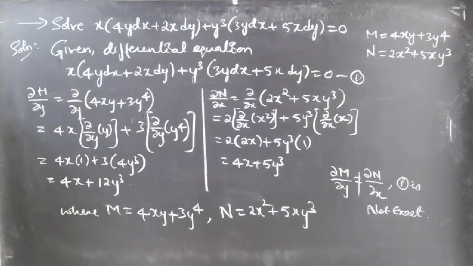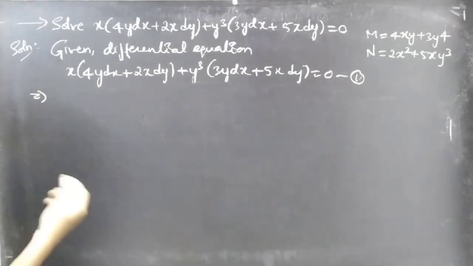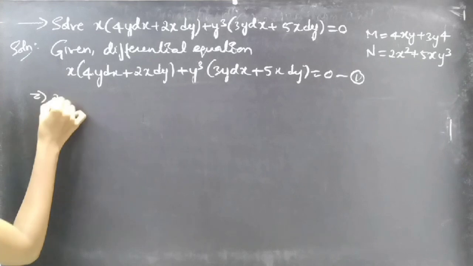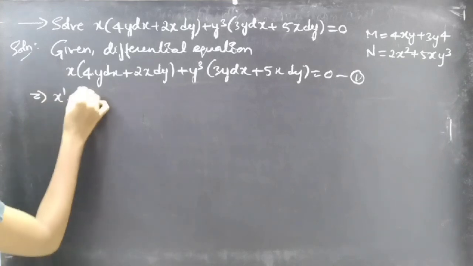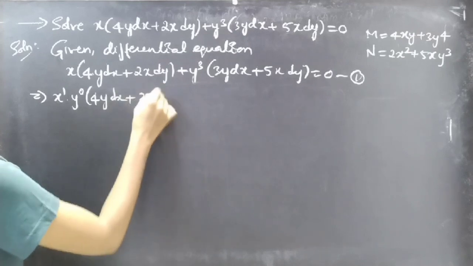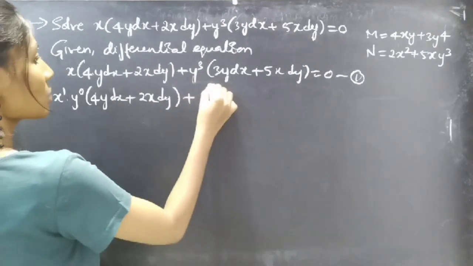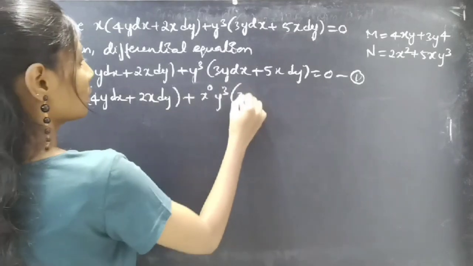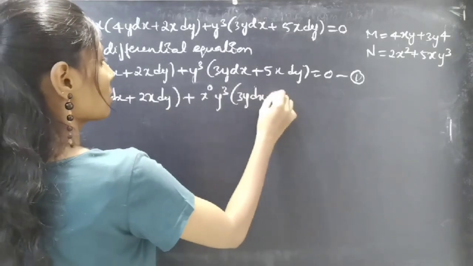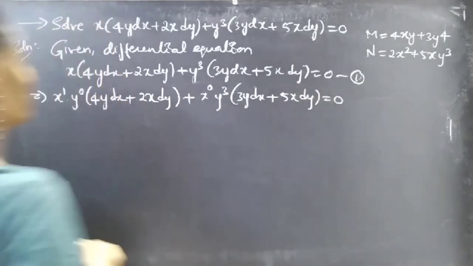Now coming to equation 1. As we discussed earlier, we can write x as x power 1 into y power 0 into (4y dx plus 2x dy) plus y cube can be written as x power 0 into y cube into (3y dx plus 5x dy) equal to 0, right?